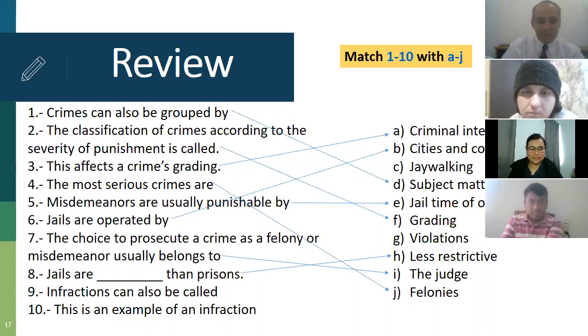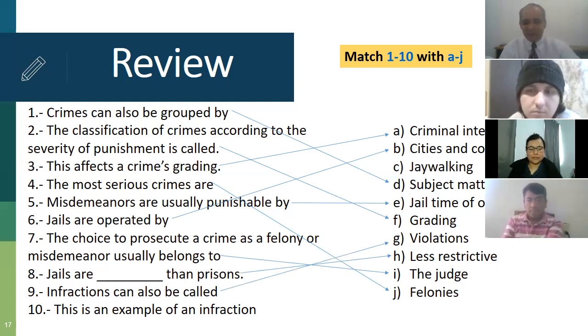Okay. Michael, number 9? Infractions can also be called violations. Violations. Exactly. Tete, please, number 10.